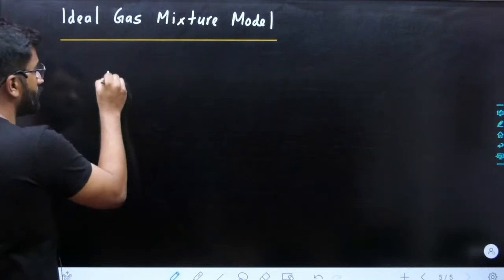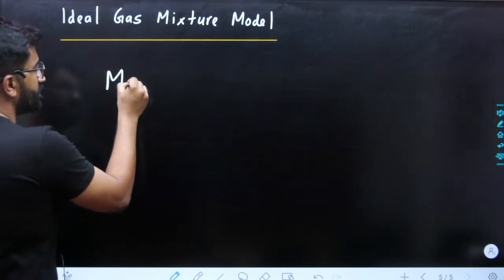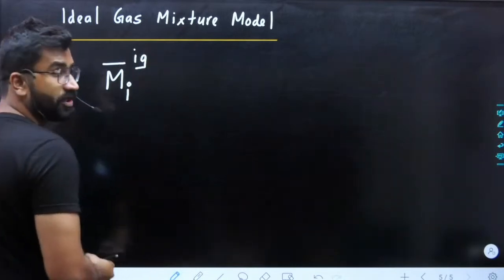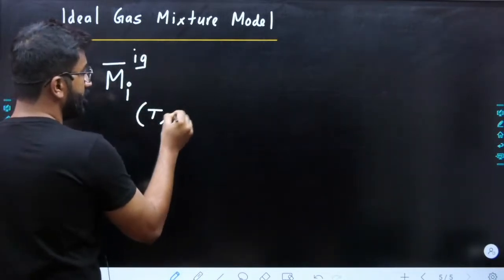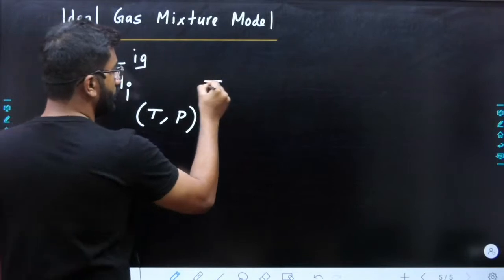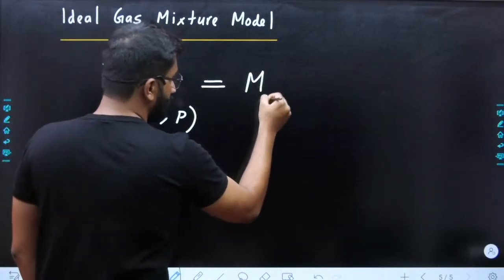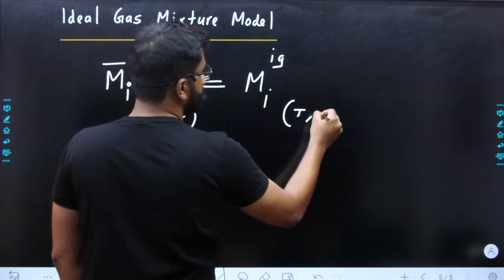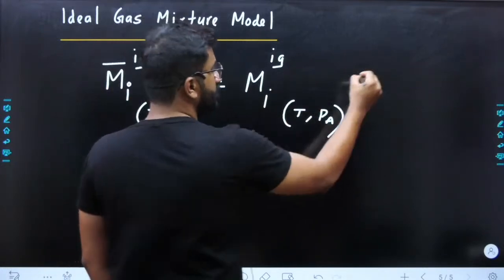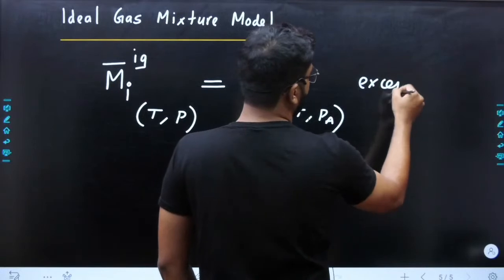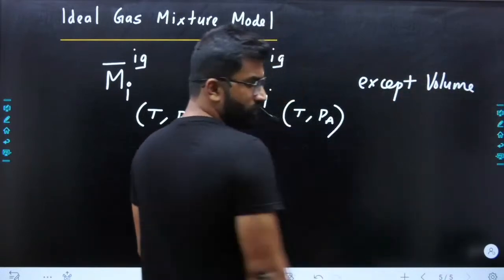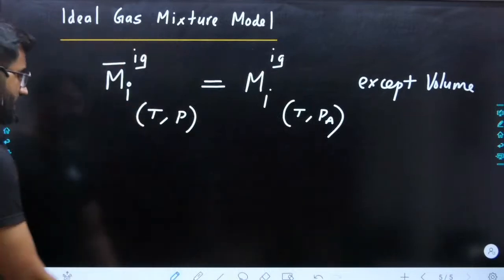The ideal gas mixture model is defined as: the partial molar property of an ideal gas mixture at temperature T and pressure P is equal to the pure ideal gas property at the same temperature and partial pressure. This is except for volume. I have explained this several times, so I am just writing the equation now.